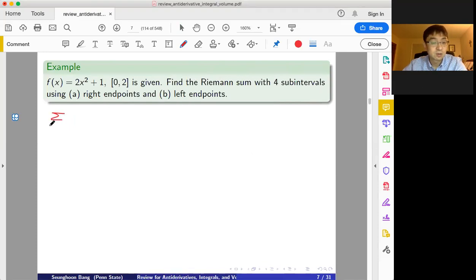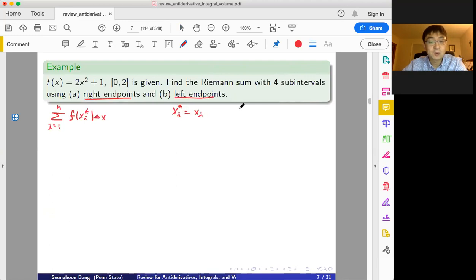Summation i equals 1 to n of f of xi star times delta x. For the right-hand point, xi star is xi.